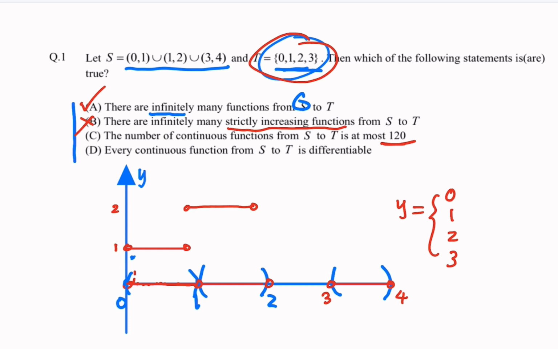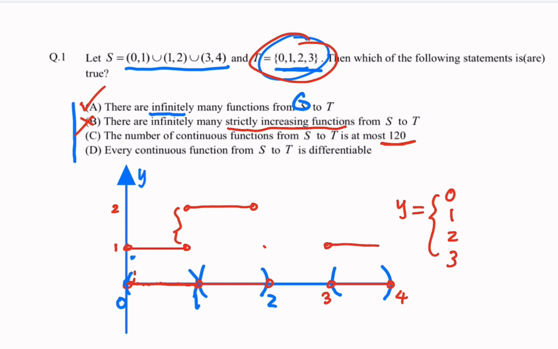Let's say we map to 2. You may ask, what about the jump here? Notice that this is not in the domain. So for the points in the domain, it is continuous. So for a continuous function, we know that it must be flat. Another assignment could be to 1 again.